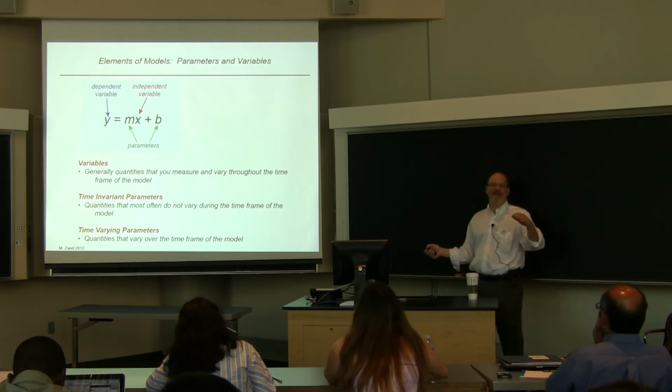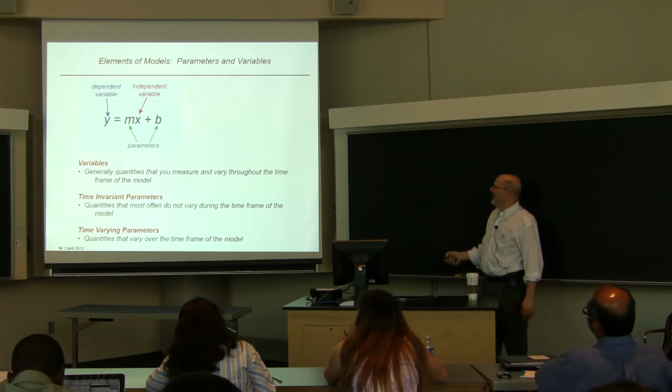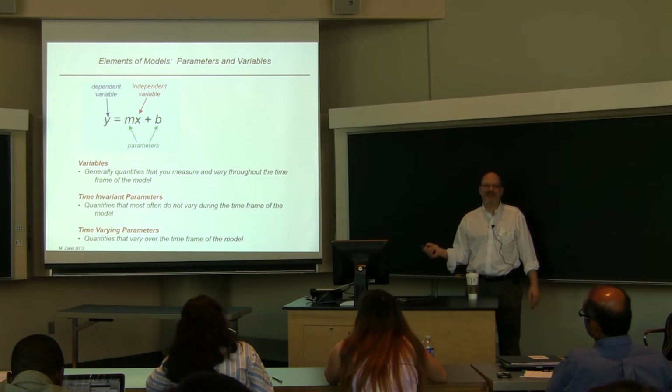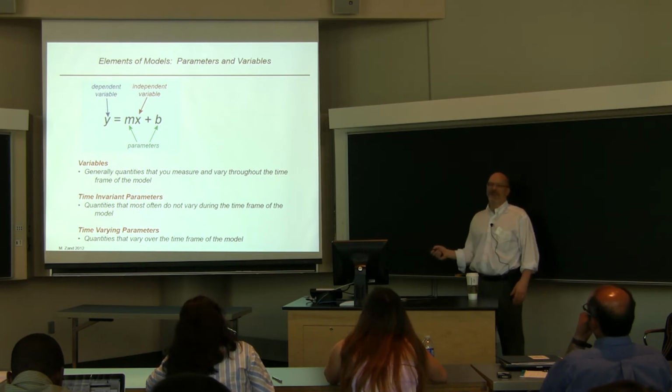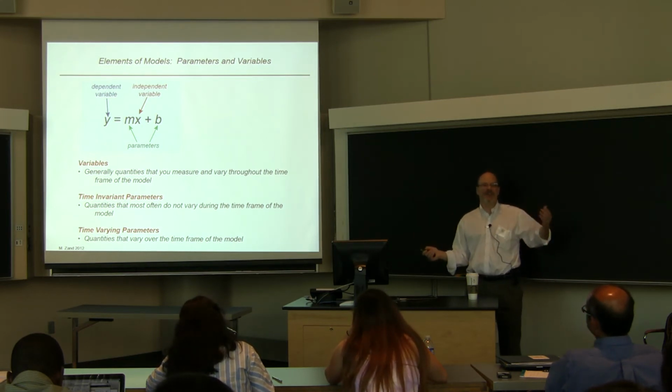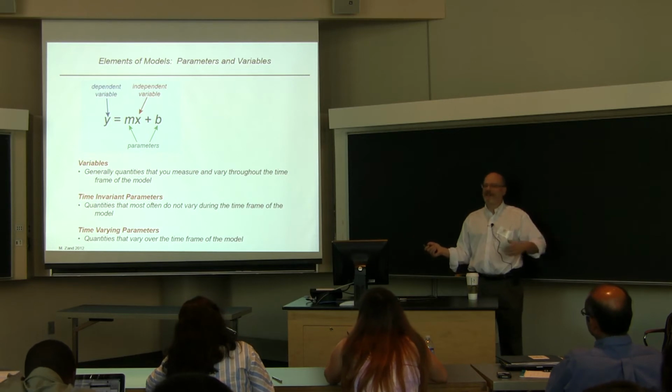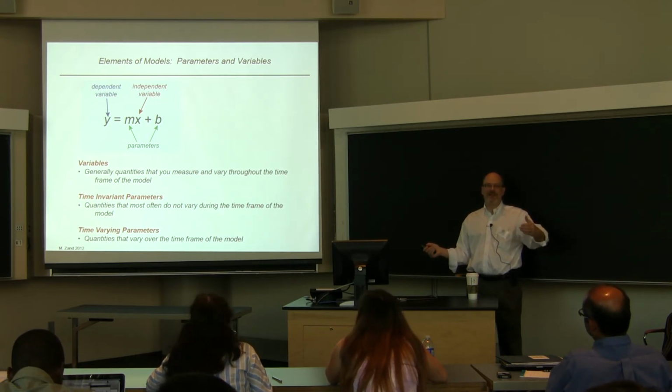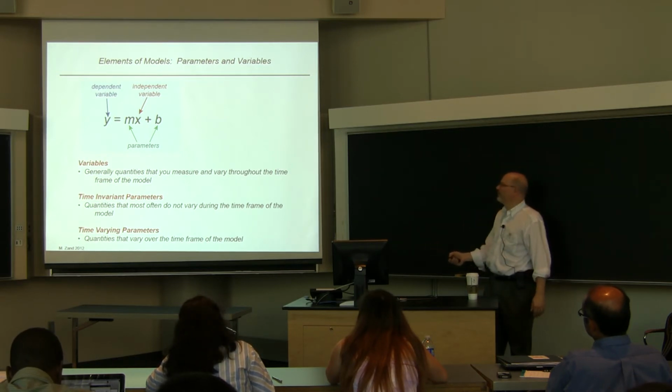The heavy math will come in a little bit. So these are quantities that don't vary during the time frame of the model. Okay? We know that some of these things, like the rate of proliferation of a B cell after activation, you know, may be constant or may not vary during a particular time frame, but it's not going to be true forever. Okay? So we're confining our model to a particular time frame.